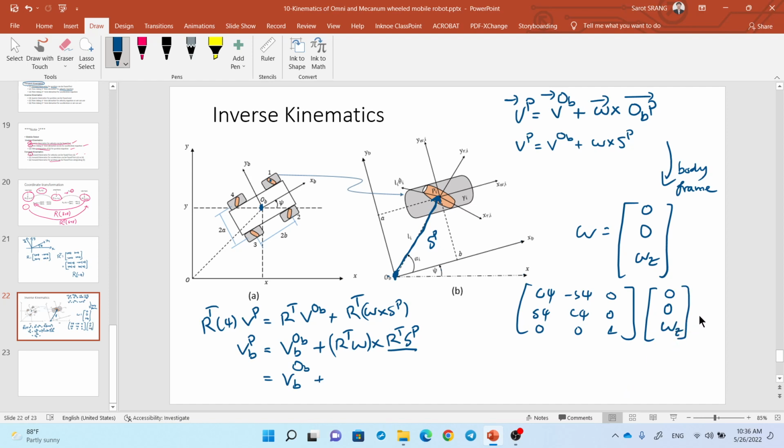What do I get? Still 0, 0, omega z, right? So here is still omega cross. This one becomes S on the body frame.